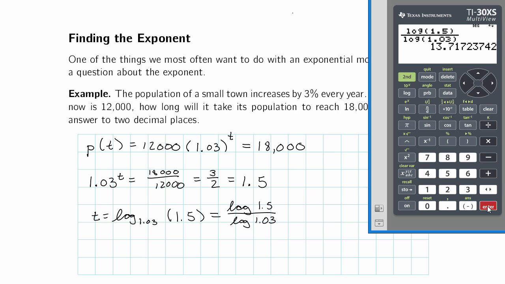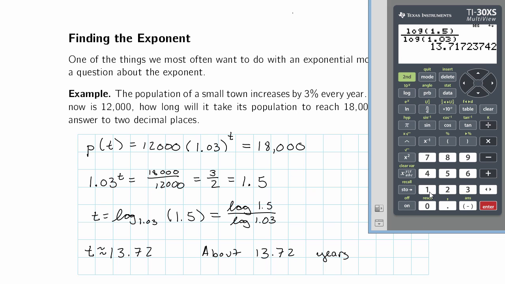We'll have the log of 1.5 over the log of 1.03. We get t is about 13.72. So about 13.72 years is how long it'll take for the population to reach 18,000.